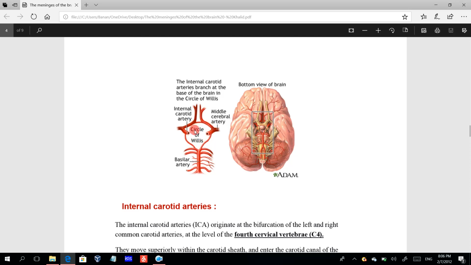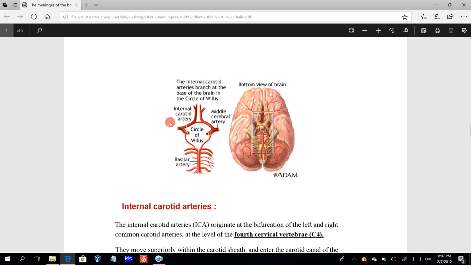which is called the circle of Willis, which is very, very important here, because you know the blood supply of the brain is very important. And here, if this site is closed, or even if there is obstruction here, the blood can reach this area from the other side through this circle.